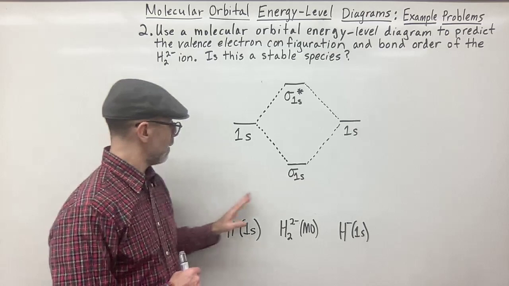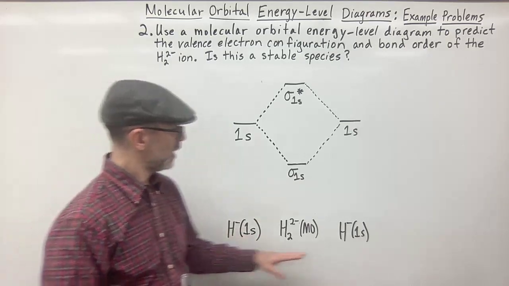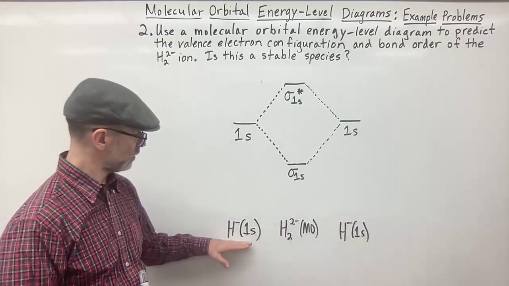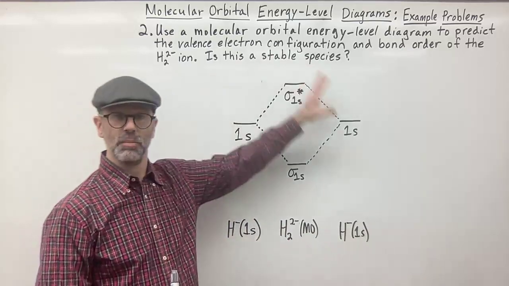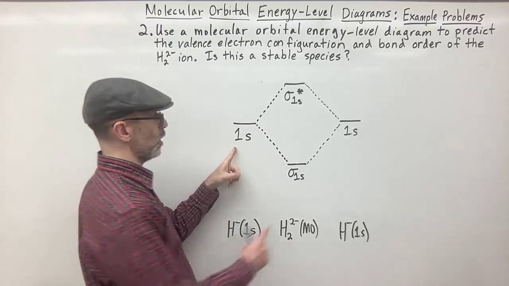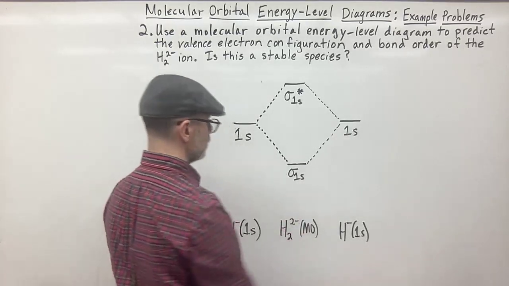So this is like we're taking one H minus ion and putting that together with another H minus ion. So each of these, again, is going to involve the 1s orbital. So we have our molecular orbital energy level diagram here. We have the 1s orbitals on the outside for each of the atoms.